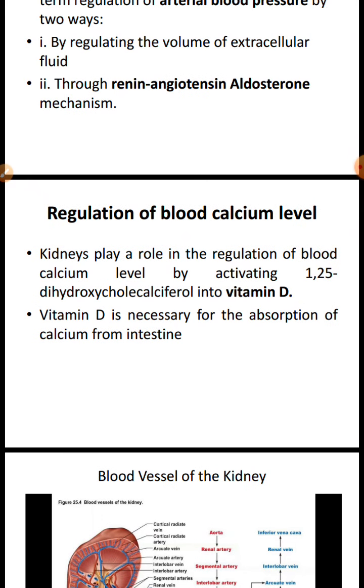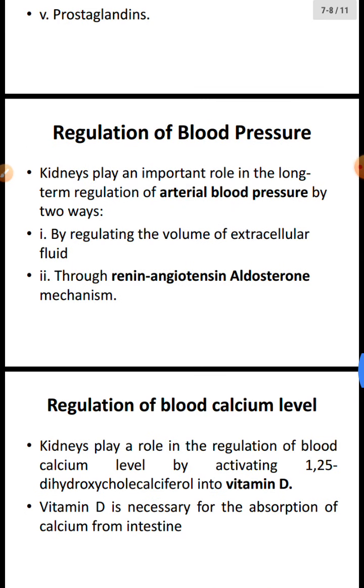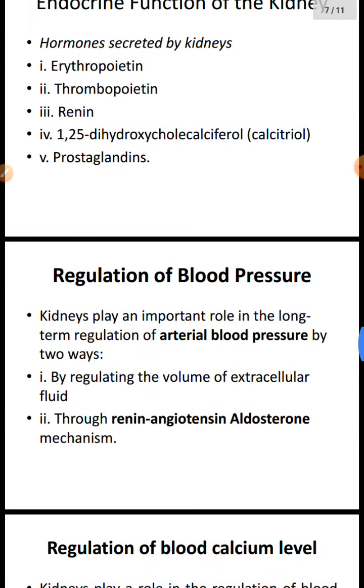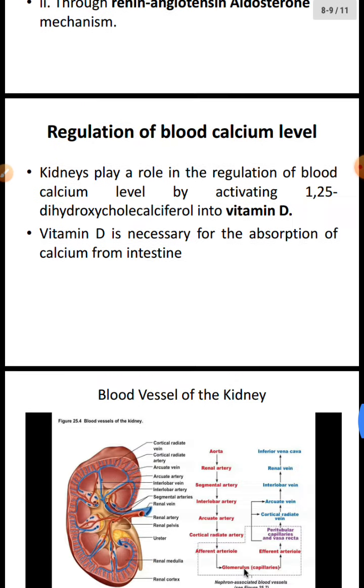In short, the kidneys play a very important role in homeostasis. So in these lectures, we are going to look at the various mechanisms, like how the kidney regulates blood calcium levels and how it regulates blood pressure.